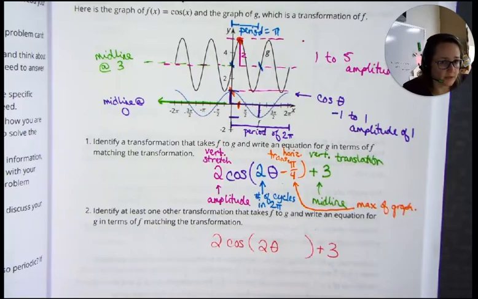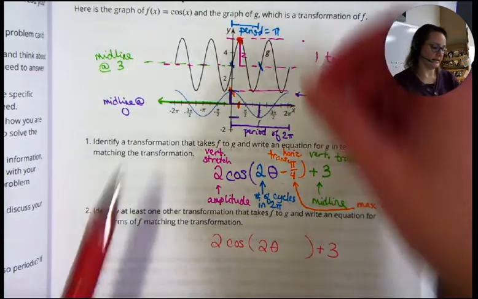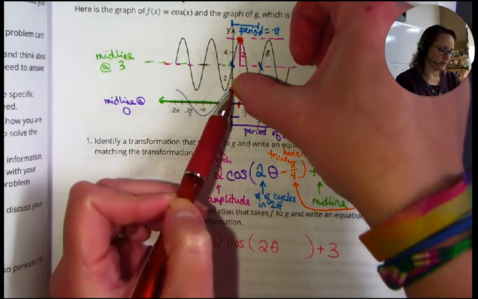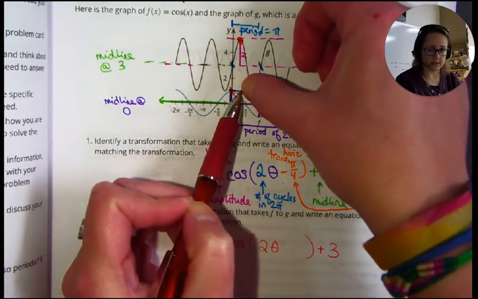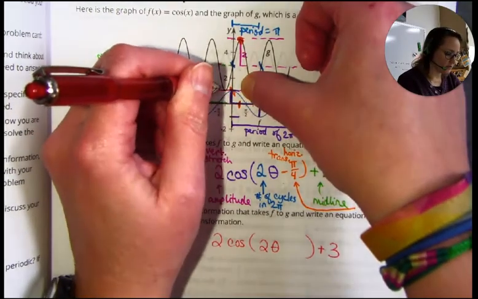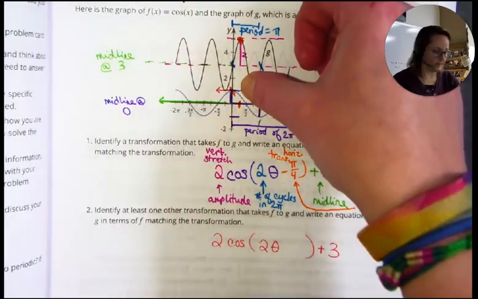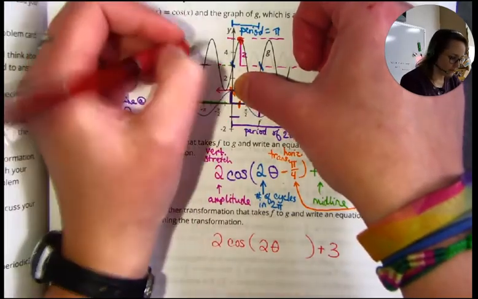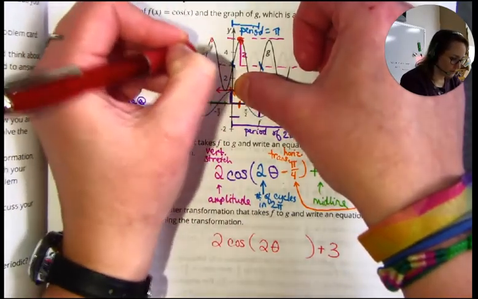But a different way to think about how we would shift this is that instead of taking this maximum and shifting it to the right pi over 4, I could also think about shifting it to the left. And if I shifted that maximum to the left, it would move to this point.